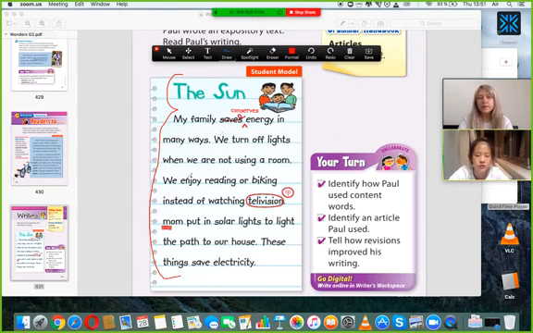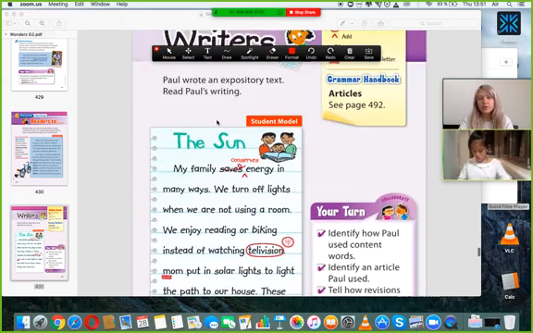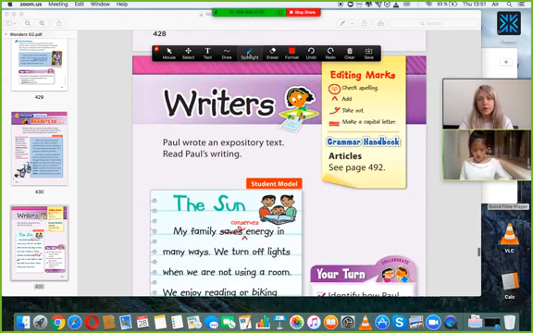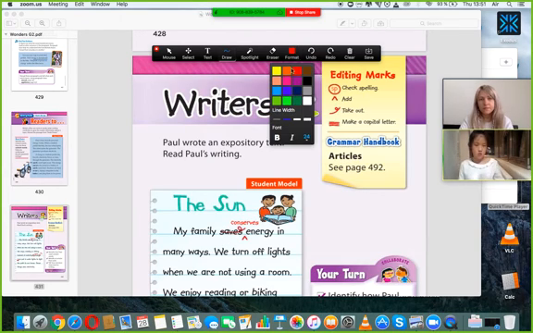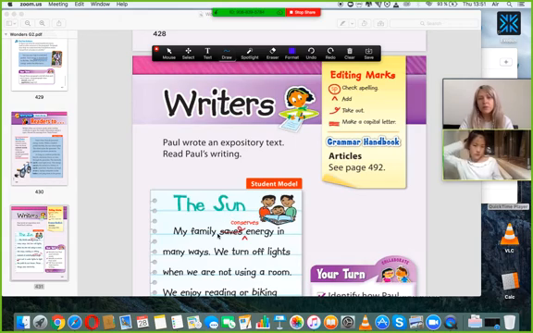So let's try to see which mistakes he has done. So his first mistake is here. He wrote the word saves, and he had to use the word conserves. Can you explain me the meaning of the words save and conserve?